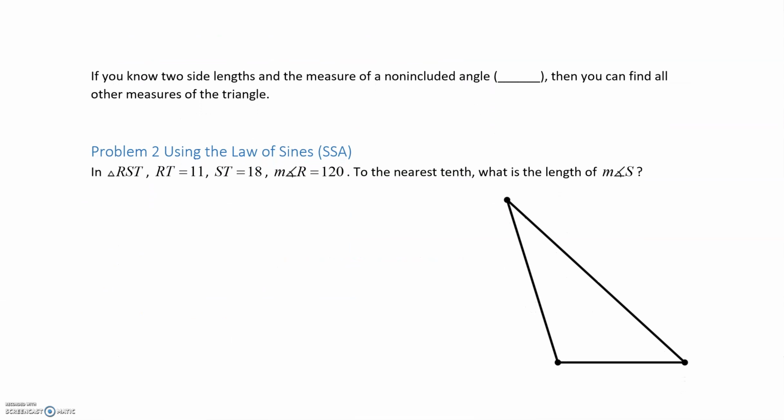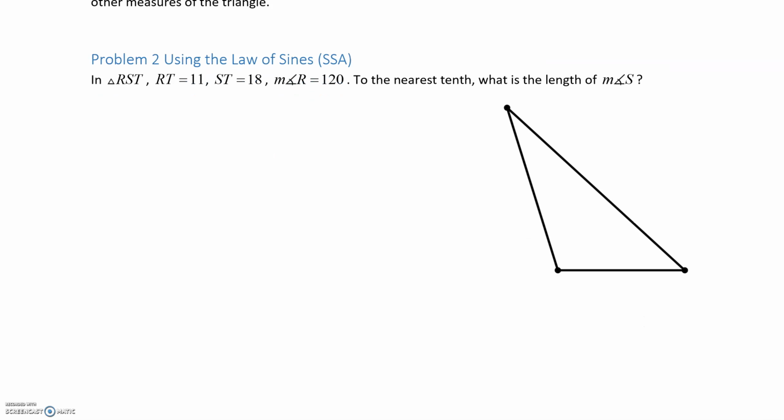Okay, so if we know the lengths of two sides and the measure of a non-included angle, so if we have a side-side-angle, then we can find all the other measures in the triangle. So if we have triangle RST, actually I'm going to change that around just a little bit.